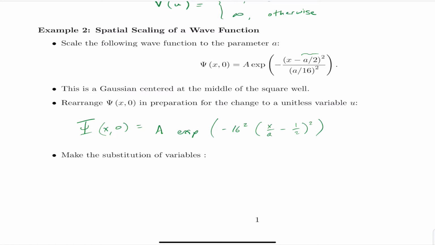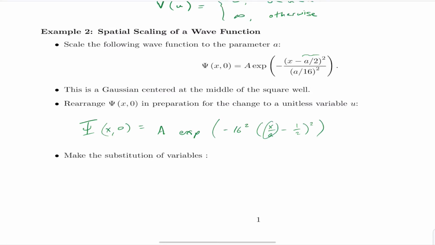So I've rewritten it. Now I can make a substitution of variables, basically just identify this as u, and now we have this, where we use the substitution of variables.